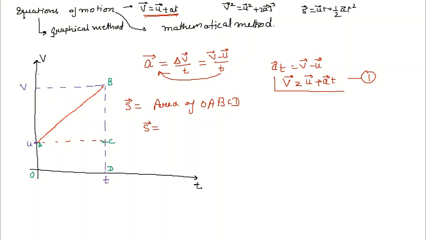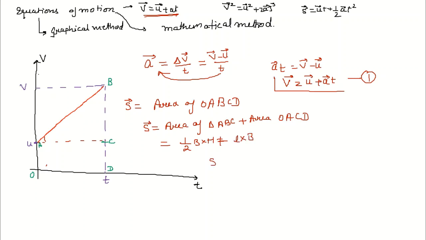Either take the entire figure as a trapezium, or break it into two parts: area of triangle ABC plus area of rectangle OACD. The area of triangle ABC is half into base into height, and the area of OACD is length into breadth.